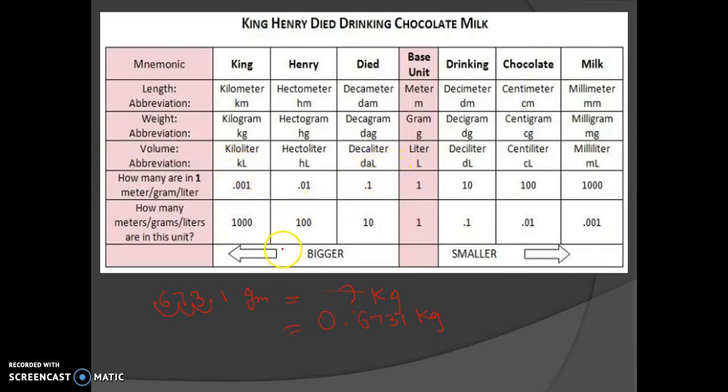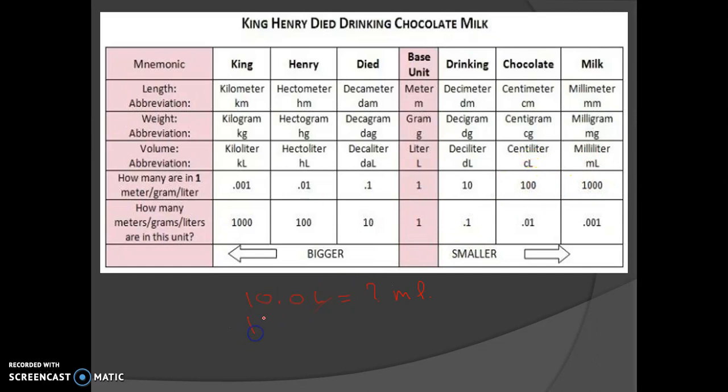So let's take another example. Suppose you want to convert liter to milliliter. 10.0 liters equals how many milliliters? For that, here is the liter and here is the milliliter. You're going to go towards the right 1, 2, 3 places.